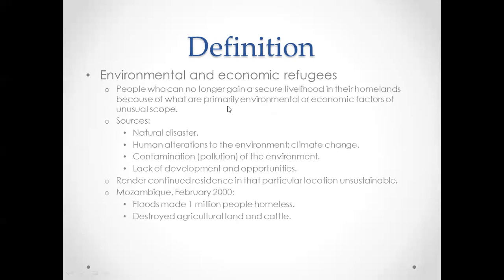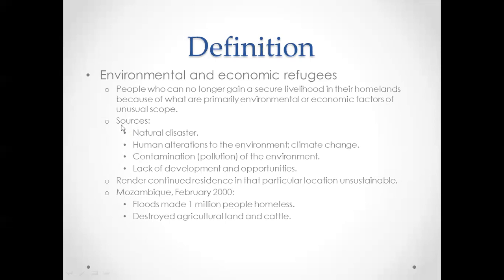And there are also environmental and economic refugees. So, there are those people who can no longer gain a secure livelihood in their homelands because of what are primarily environmental or economic factors of unusual scope.